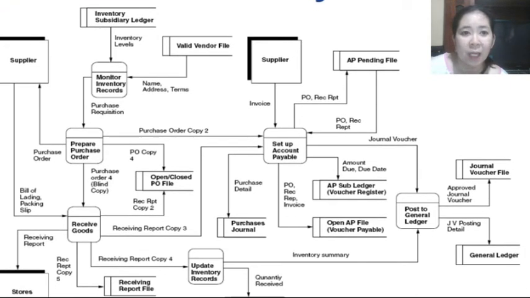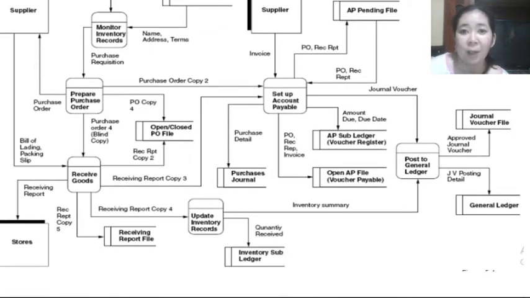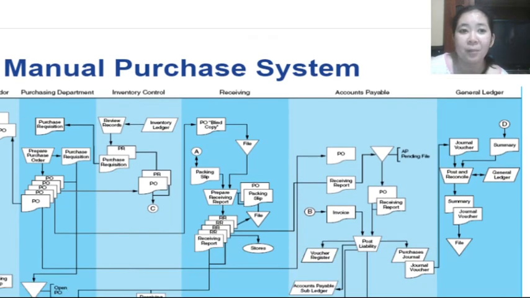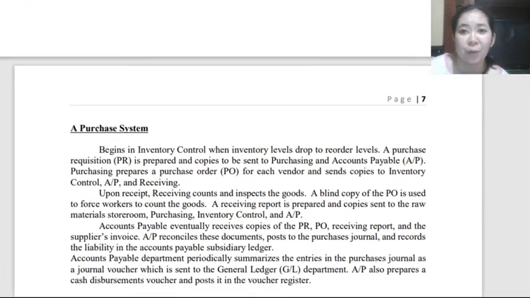It shows here the steps, and the resource or the department, the necessary documents that are filled in and forwarded to the appropriate department or person responsible, until these are also posted to the general ledger. For the manual system, we also have here the illustration. So let's just run through that.